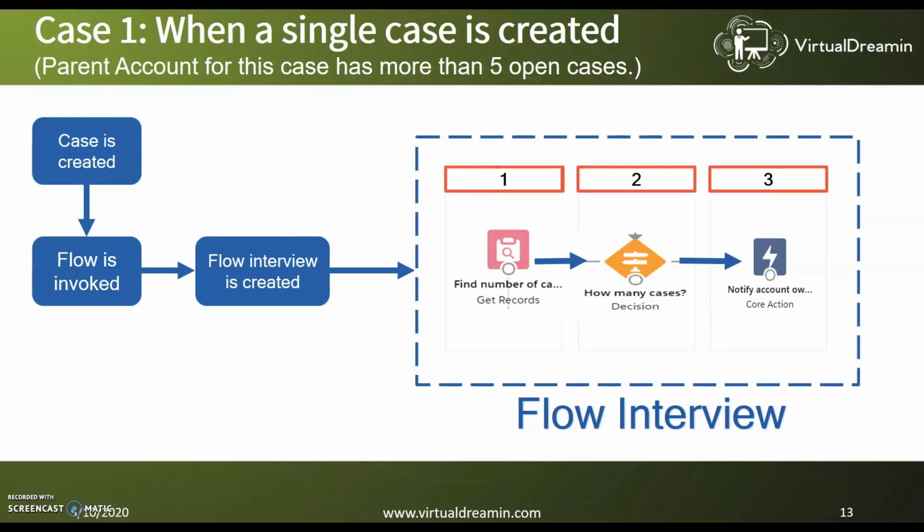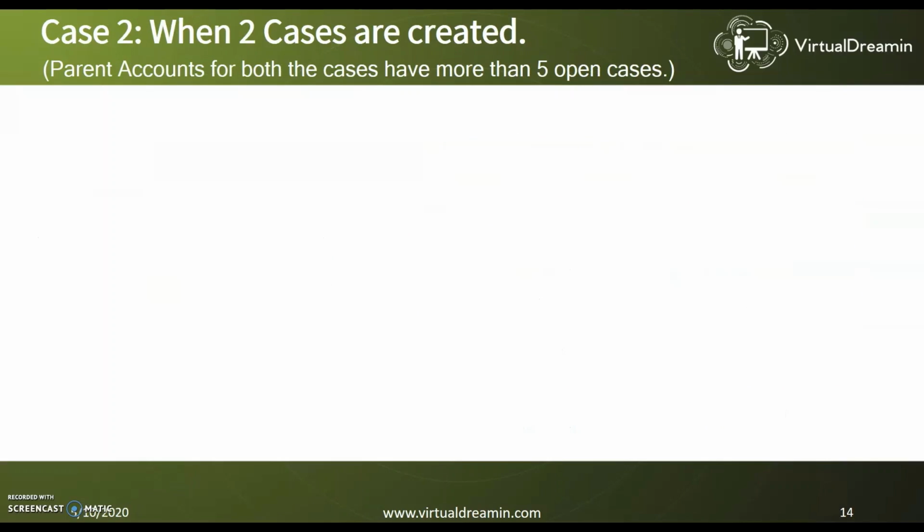Fairly simple. But now let's move on to case 2, when there are 2 cases being created and both of them have more than 5 open cases. The first step, obviously, is the cases getting created.